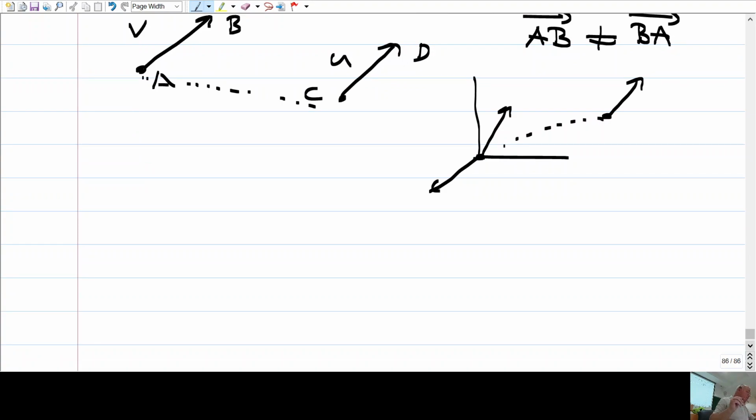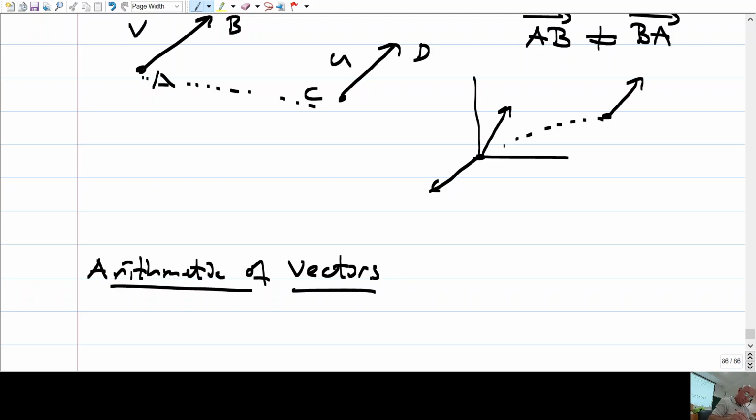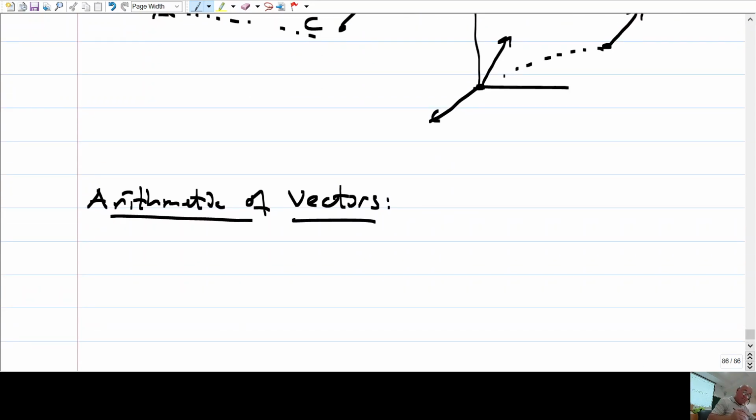We can do arithmetic with vectors. We can add them up. Addition. Geometrically, it is described as follows.